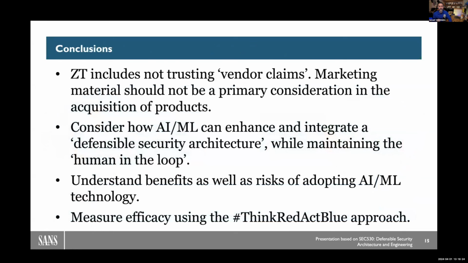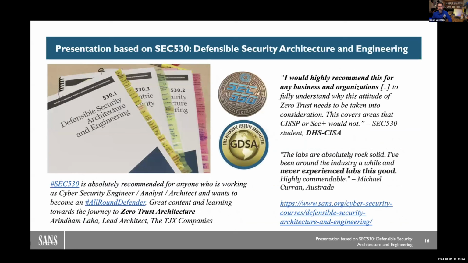And zero trust also includes not trusting vendor claims. Prove them. The best way to do this is the think red, act blue approach. Get these tools on a range, evaluate them using adversarial behaviors, emulating them, and don't forget the human in the loop. So that's a wrap.